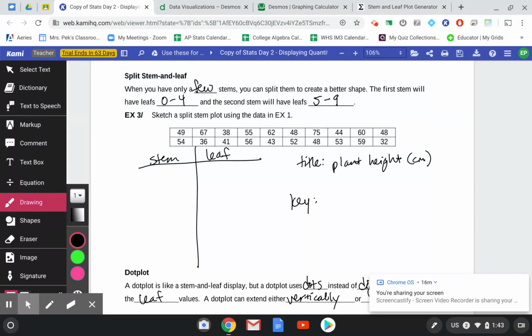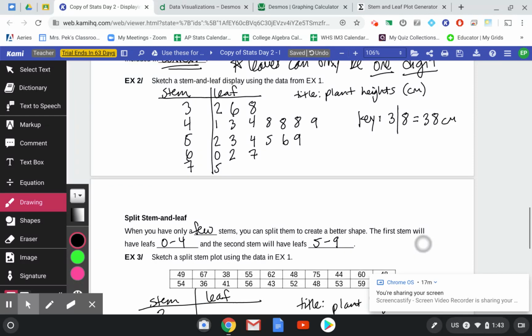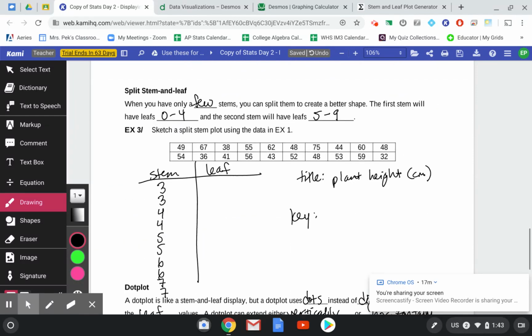So if we look at this, it would look like 3, 3, and 4, 4, and 5, 5, and 6, 6, and 7, 7. I got a little squished there, but we're splitting the stems so that we have more of them. My first stem is going to go 0 to 4. So in the 30s, the only number I had there was a 2.